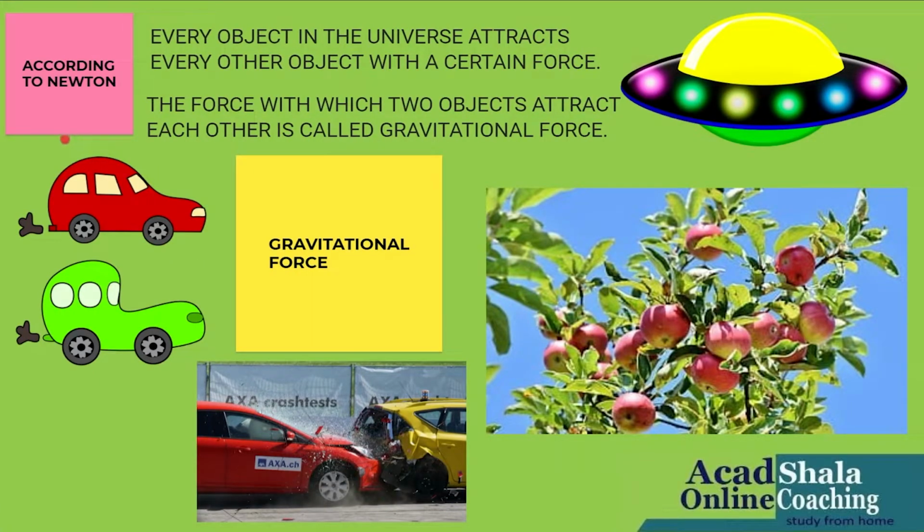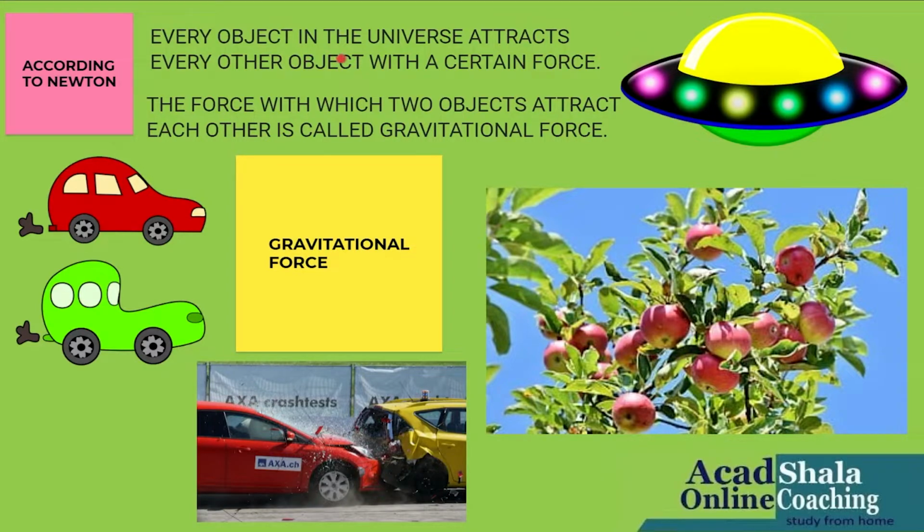Newton used to think on the level of the universe. He was a very deep thinker. According to his statement, every object in the universe attracts every other object with a certain force. Try to understand these words in the sentence very well. That means every object attracts each other. So, according to Newton's statement, everything should collide with each other.